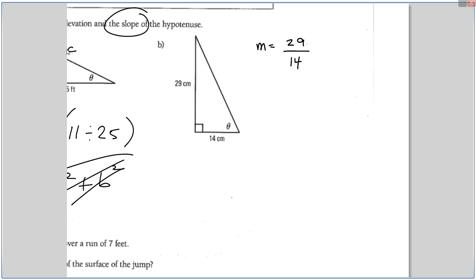So rise over run, 29 over 14. 29 is a prime number, so there's no way this is going to reduce. So you can go to a decimal if you like. Now, second function tan of that goes right there, and you should get your answer. What'd you get there, Jaden? 64.2, which will round to the nearest degree, 64.